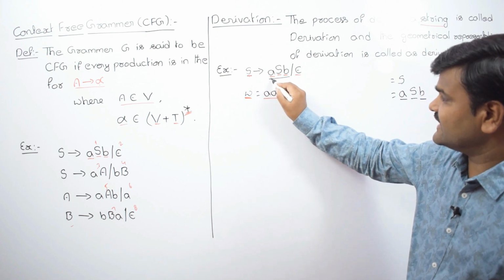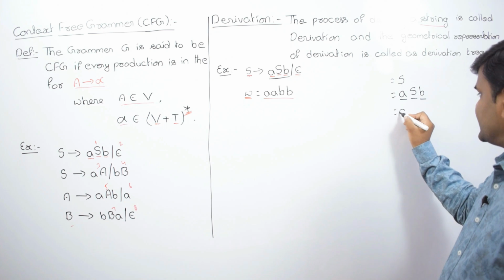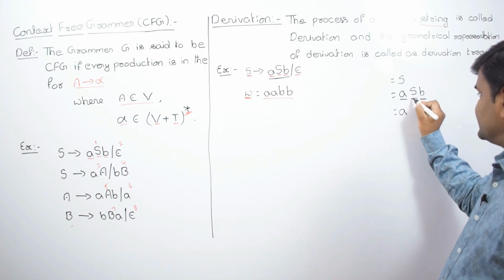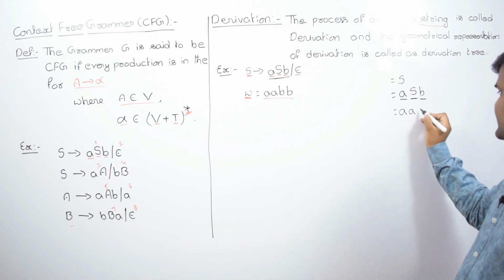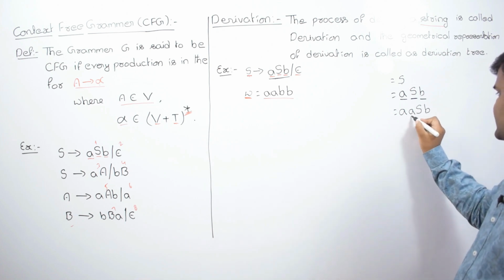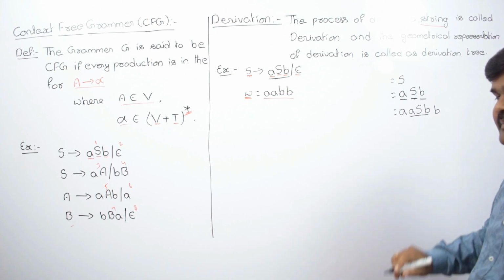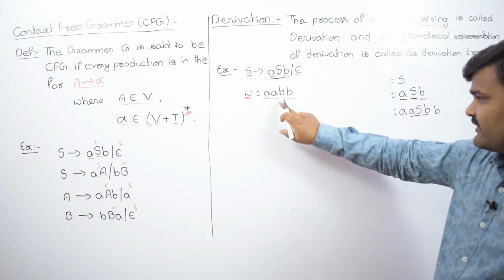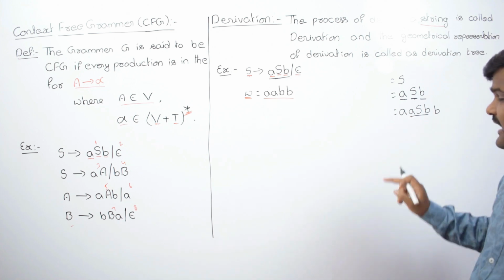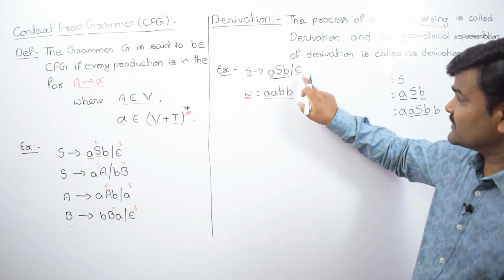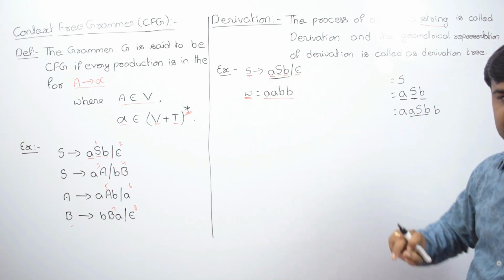Again you can take S the same way: A stays as it is, and in this place you substitute A S B again, with the remaining B. Now we are almost at the given word, but S is still there. In this S position you can substitute epsilon also, right? S is also deriving epsilon.